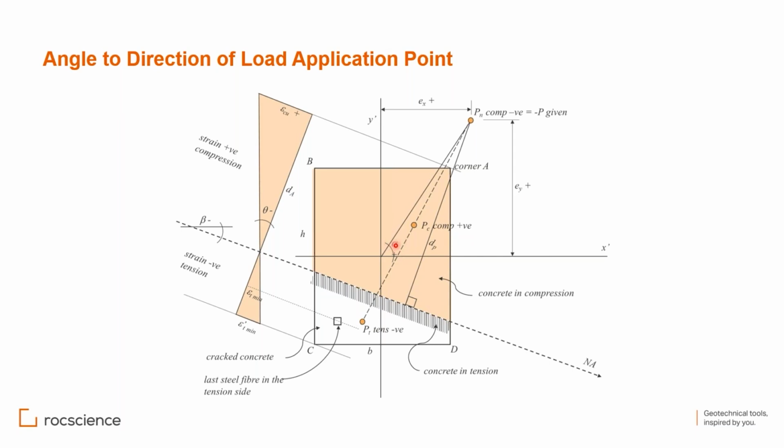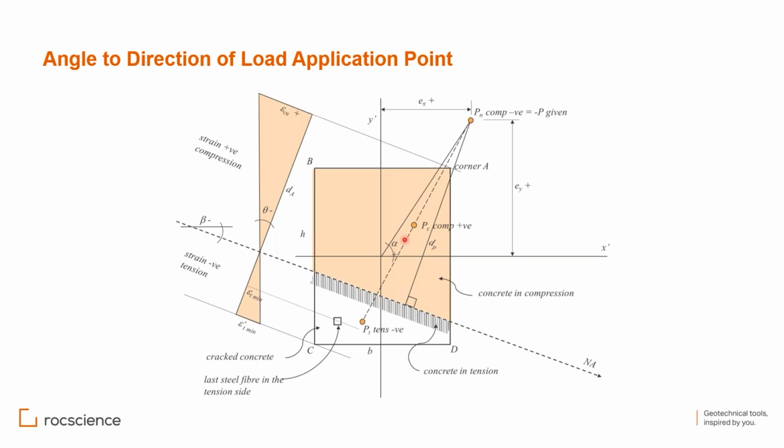So remember, alpha is taken from X prime for the point of loading, not for the moments. And I will tell you why later. So it does not define the tangent of MY over MX. It defines the tangent of EY over EX. So EY over EX is the tangent of alpha, not MY over MX.